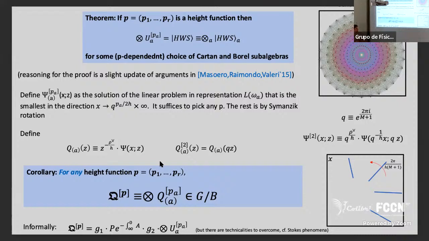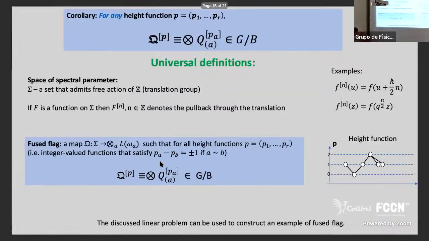So this is the main conclusion, that we can construct such Q vectors. And now let us formalize it for the sake of everything that happens next. We come back to the beginning of my talk and make some universal definitions. So first of all, we introduce the space of spectral parameter.